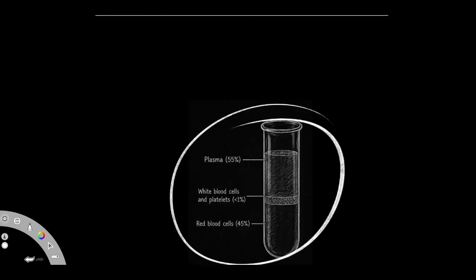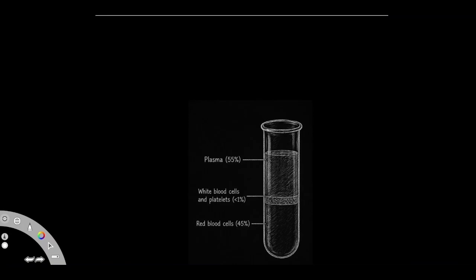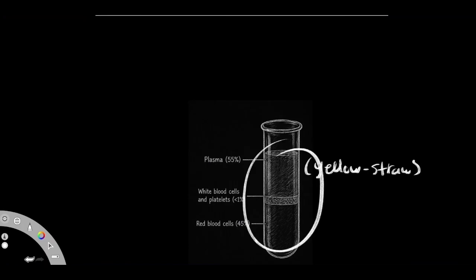So what you have here are different aspects or parts of your blood separated by their density. So plasma, a yellow straw-like color, is 55% of the volume. But in that particular snapshot that we're seeing here of volume, that specific area of just plasma, 90% of it is actually water.